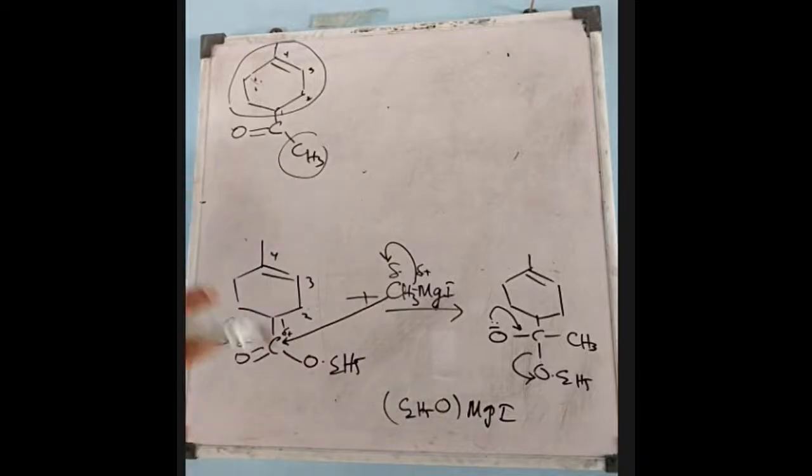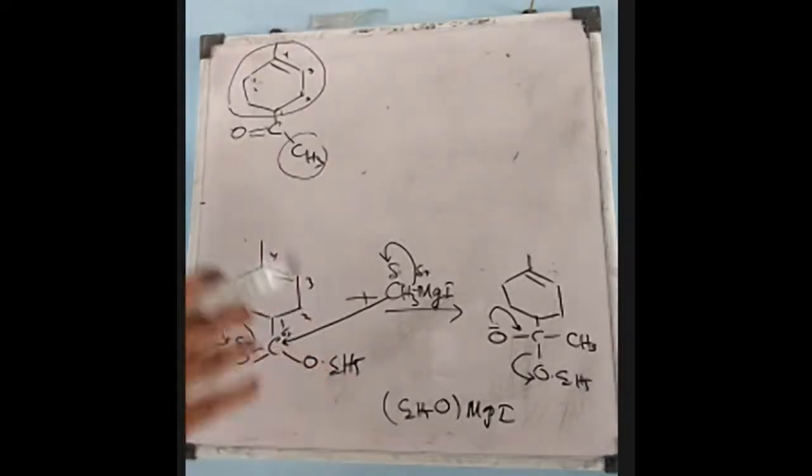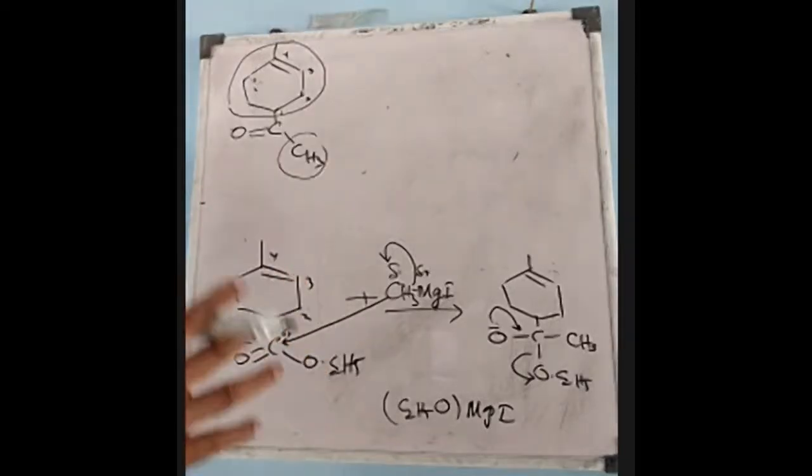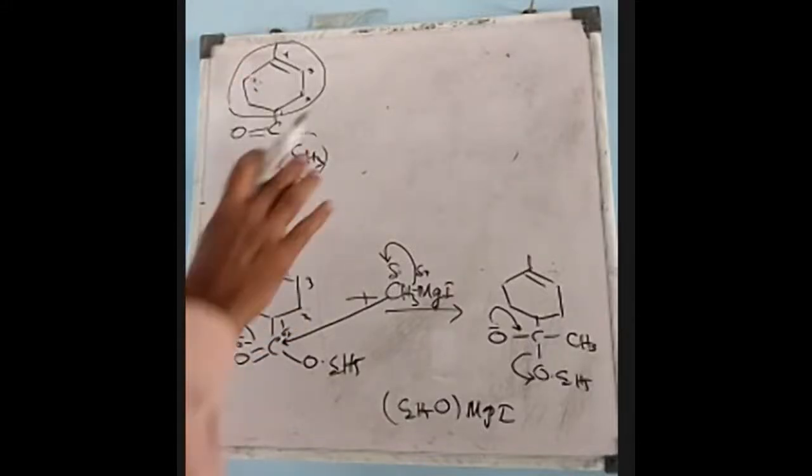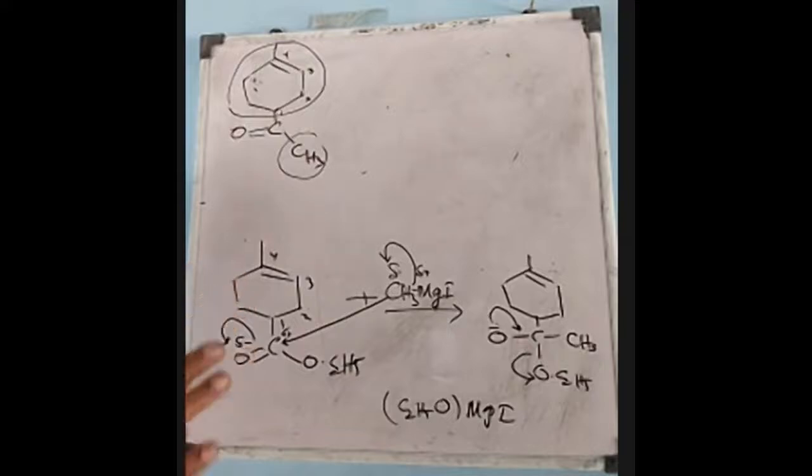If the aldehyde is formaldehyde, then a primary alcohol is always formed. If formaldehyde reacts with methyl, ethyl, benzyl, isopropyl, or tertiary butyl magnesium bromide, the alcohol obtained is always primary.